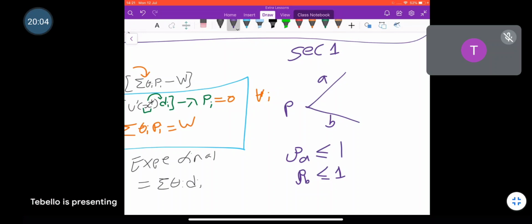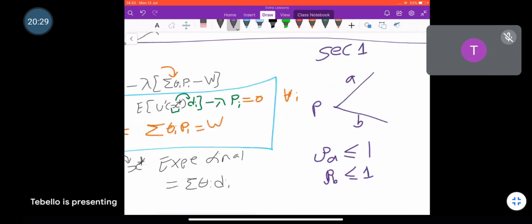Not necessarily the proportion, because in this course so far we have only looked at the proportion, but right now they are no longer looking at the proportion, they are looking at how many shares you should buy.